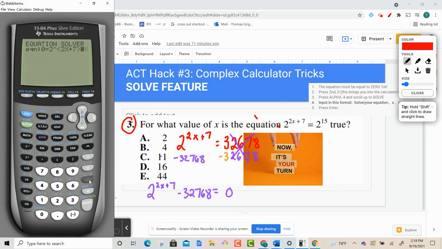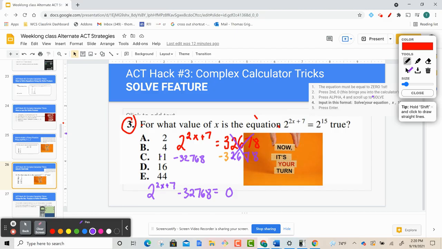I would encourage you to get that if you can. And then I'm going to guess 2. Maybe I'll get lucky. And then alpha, enter. And there you can see the answer is 4.